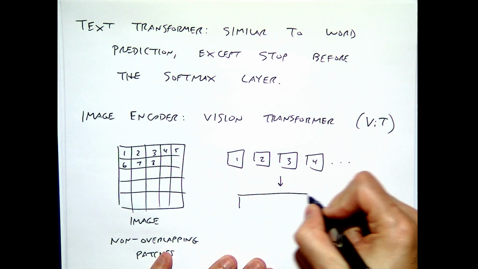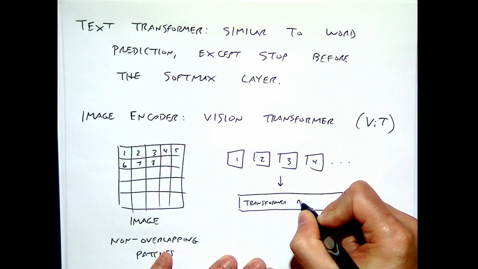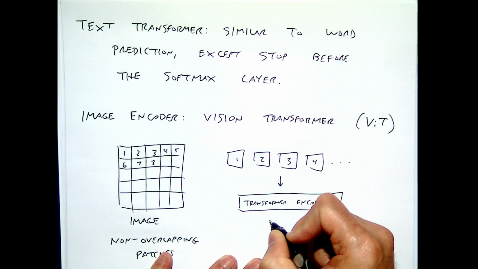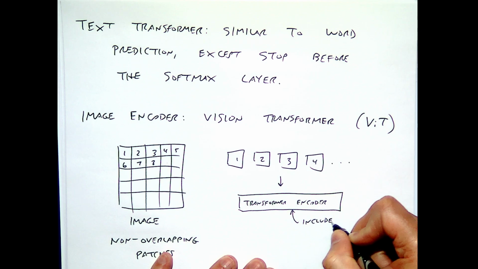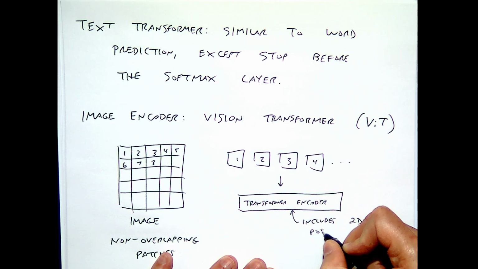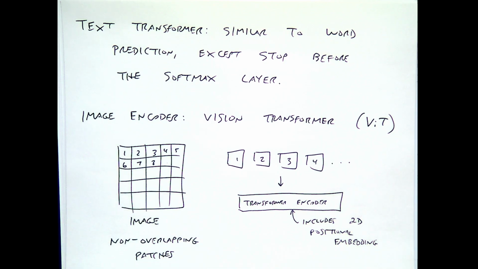So the idea was that I put this into some sort of a transformer encoder, which includes some sort of 2D positional embedding. That is, not only do I look at the sequence, but I'm also looking at the XY coordinate of the patch, which I can encode. Again, you can imagine it like an outer product of a cosine vector and a sine vector with different frequencies. So it's very similar to what we talked about before.